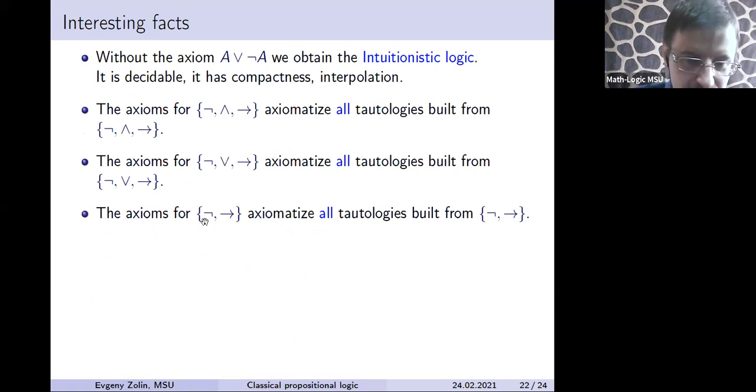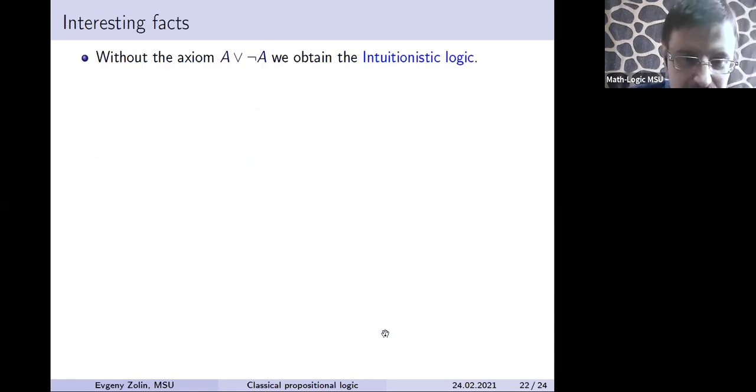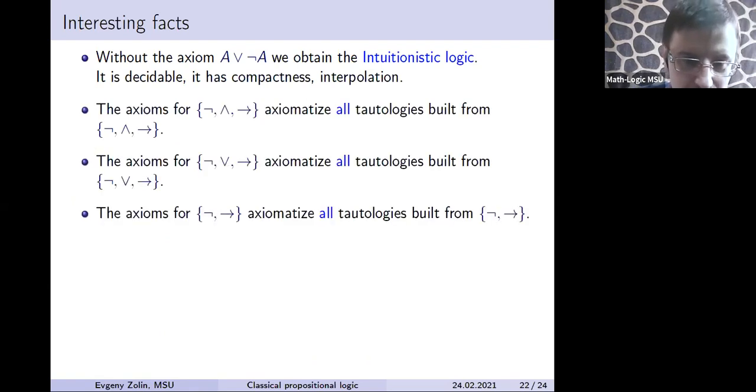We can have only negation and implication, and simply take the axioms for implication 1, 2, and for negation 7, 8. And you will be able to prove all tautologies that use these two symbols.